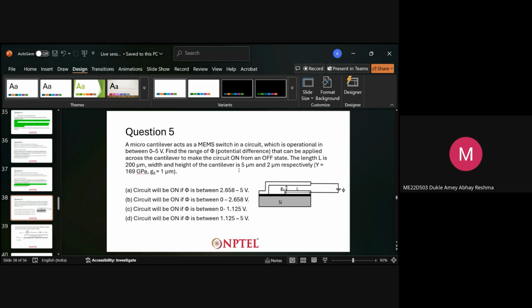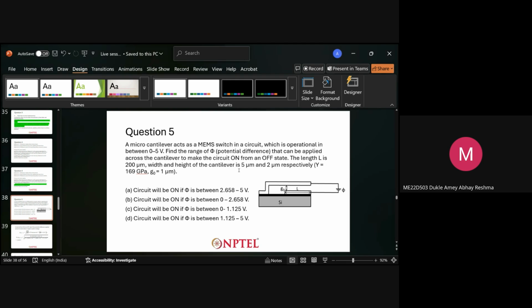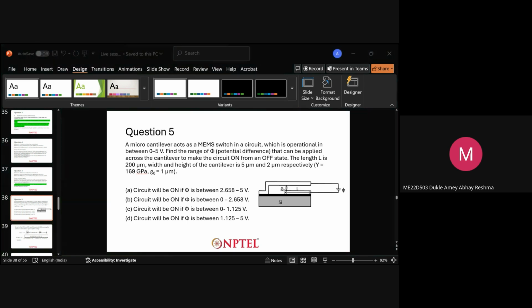Which options will be right? Either A and D will be right, or B and C will be right. As a 50-50, which one would you choose, AD or BC? I just want to know your understanding of the pull-in voltage.